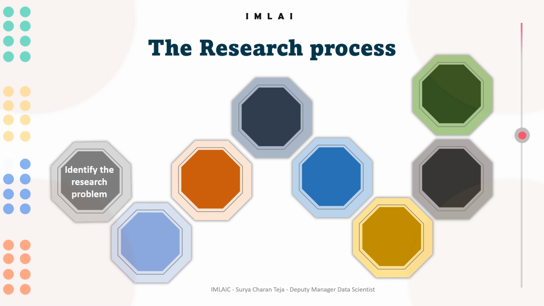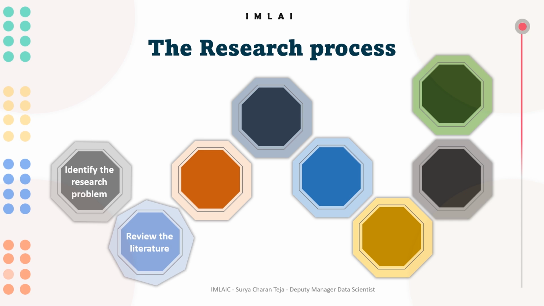Once you have identified the research problem and written the problem statement, now it's time to go for reviewing the literature. So next you need to review the existing literature on the research problem to see what has already been studied and what gaps in knowledge exist.